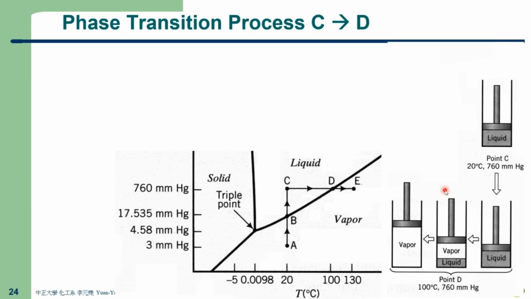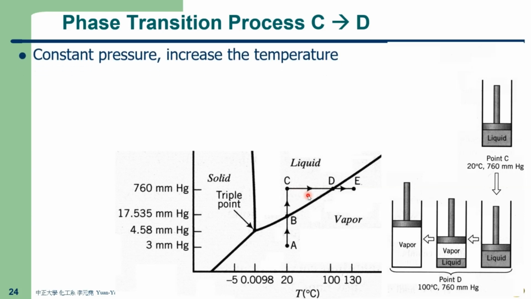Then what happens from C to D? This is point C, where you have a pressure of 760 millimeters of mercury. Now you increase the temperature and keep the pressure constant.